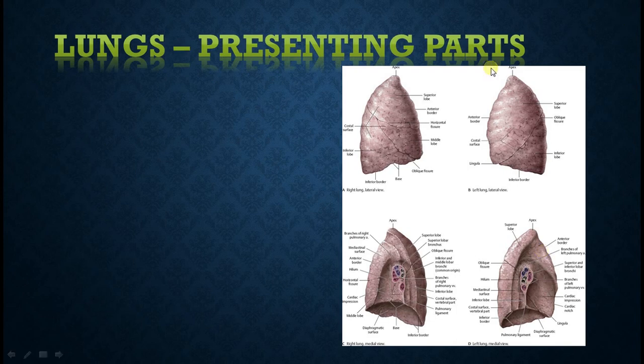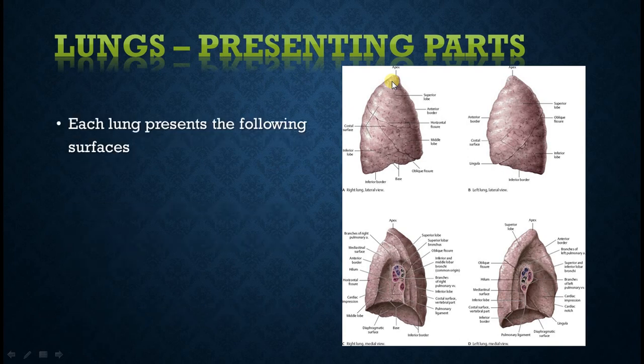Each lung has an upper end, which is not really an end; the somewhat pointed area of the lung is called the apex of the lung. Below, what you see here is the base of the lung. It has an apex and a base.